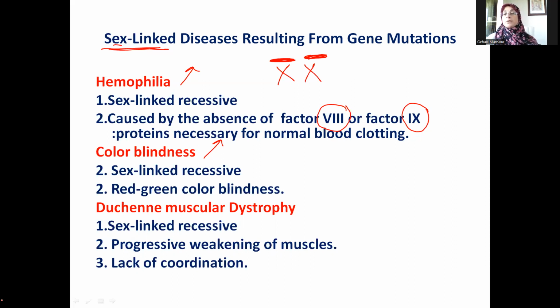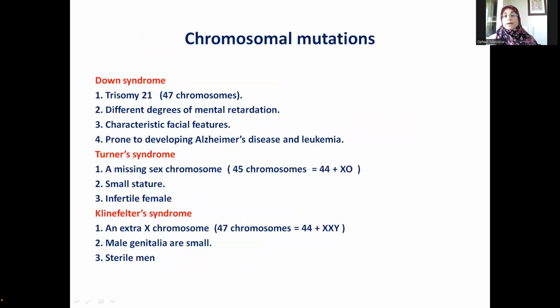Duchenne dystrophy is another sex-linked gene mutation, but it results in progressive weakness of the muscles that might lead ultimately to death if it affects the muscles of breathing, because the patient would be unable to breathe.